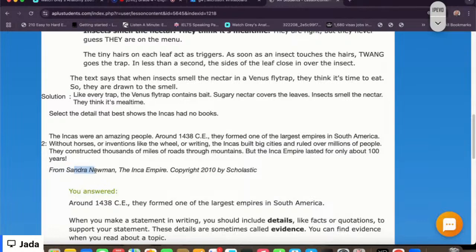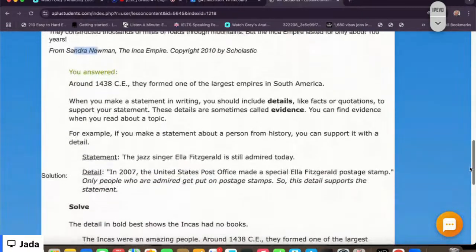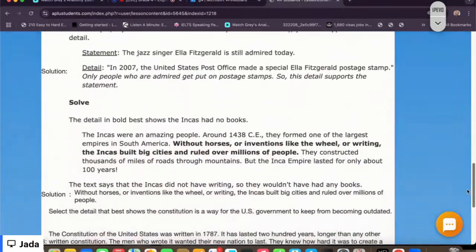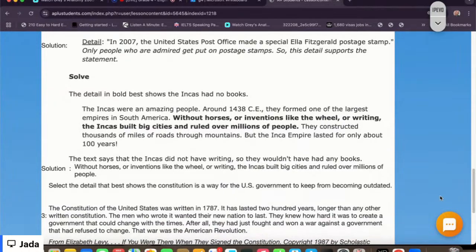Right, so this is from Sandra Newman. Now we have to select the detail that best shows the Incans had no books. Okay? Now this is the detail here that supports it.